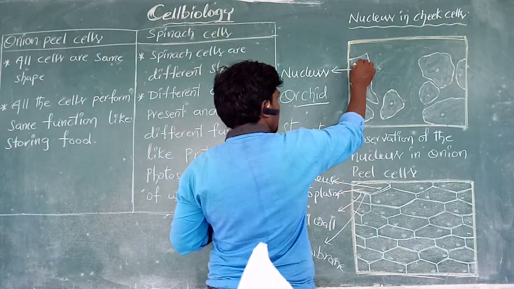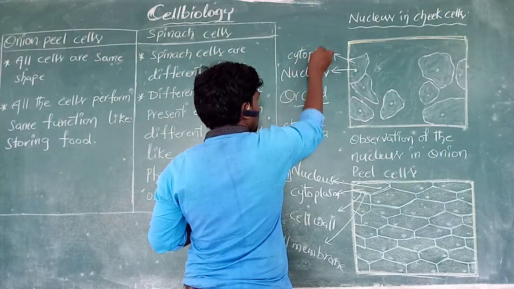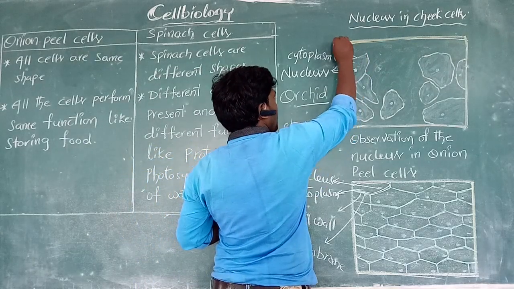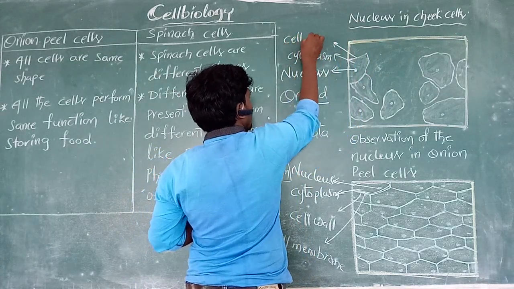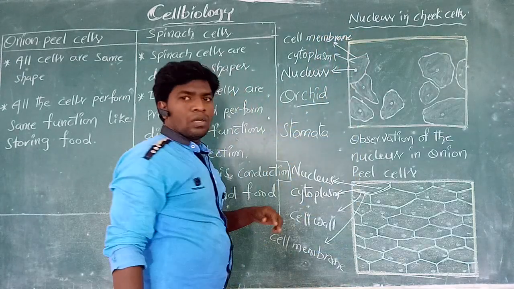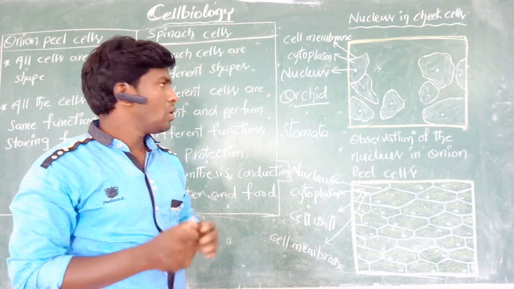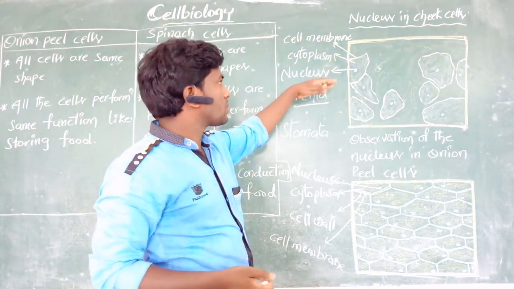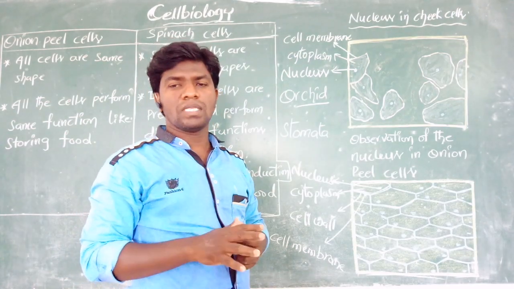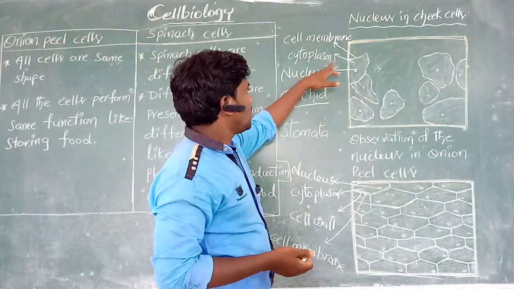The cell contains a jelly-like substance, cytoplasm. This is the cell membrane. Animal cells have a cell membrane, or plasma membrane. What is the importance of this cell membrane? The cell membrane gives shape to the cell.